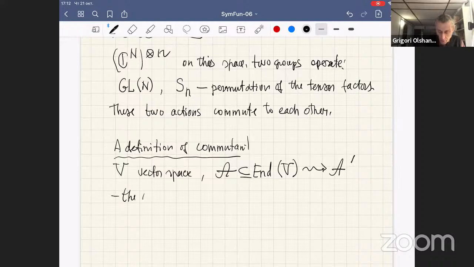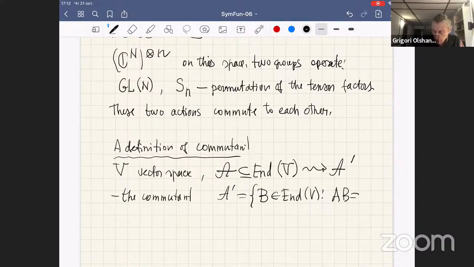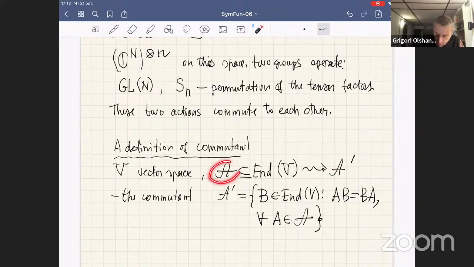It is the set of all operators in our space such that AB equals BA for any operator from our algebra A. Some people say not commutant but centralizer. One can say equally well that the commutant is the centralizer of this algebra in the algebra of all operators. This is an equivalent terminology, but I prefer to say the commutant because in operator algebra, people say commutant.